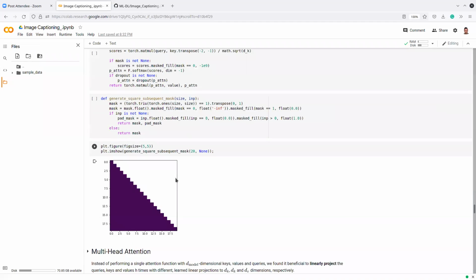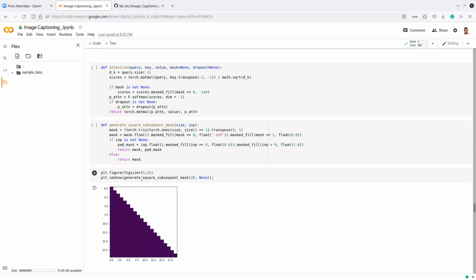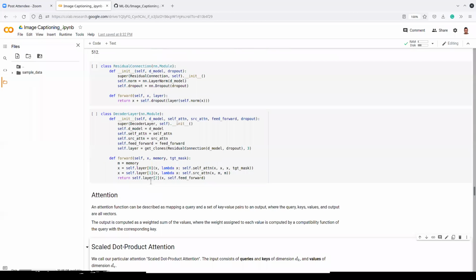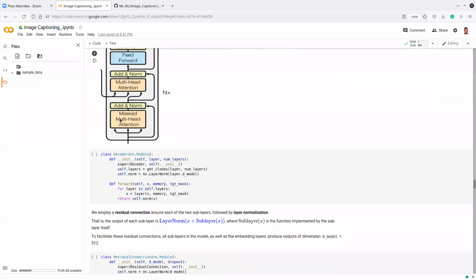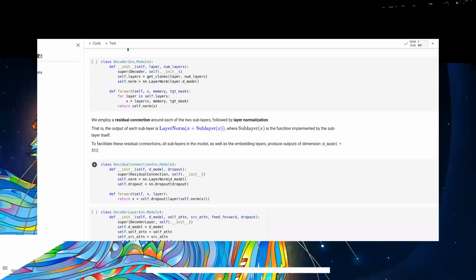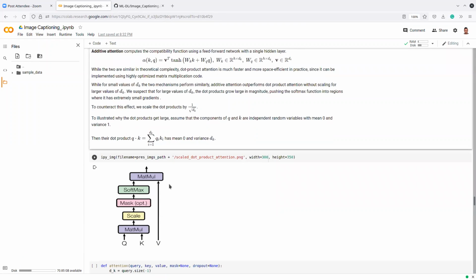These are the implementation, and there is an important piece of information: the mask. Why is it a masked multi-head attention here? Because we don't want our decoder to look at information from the future.